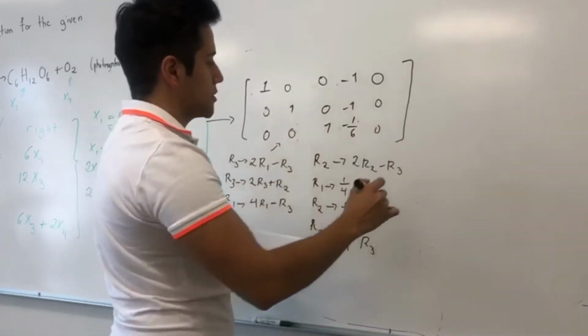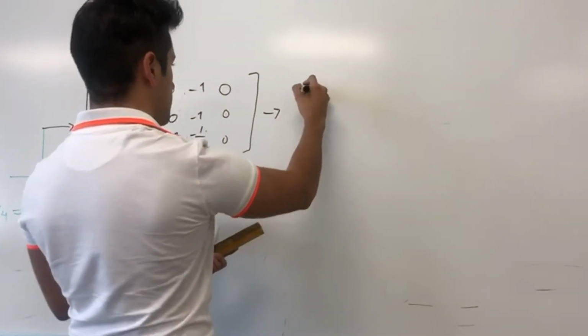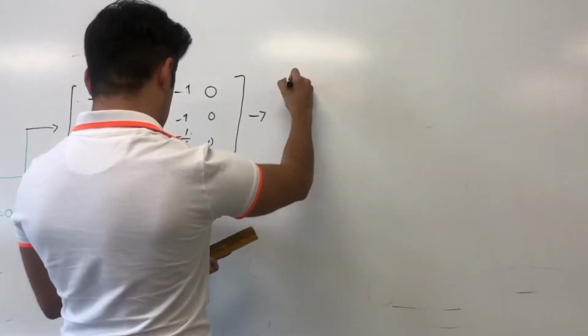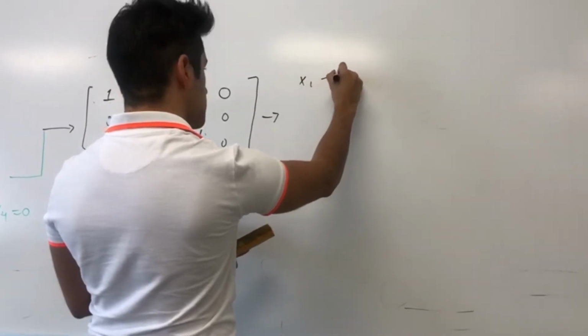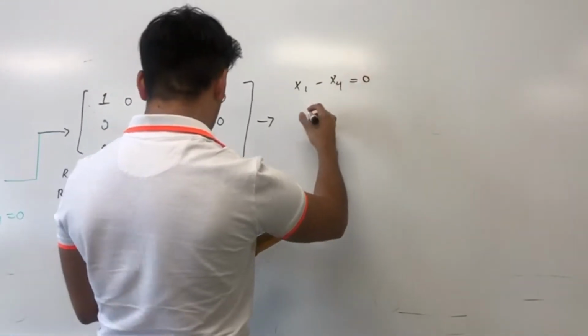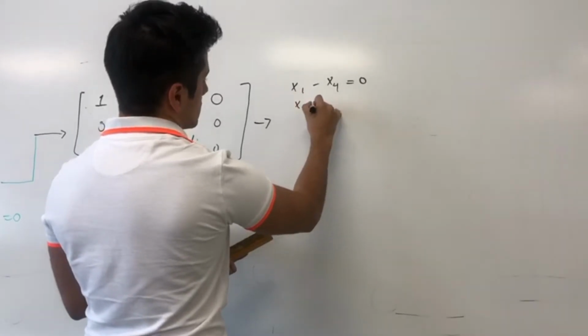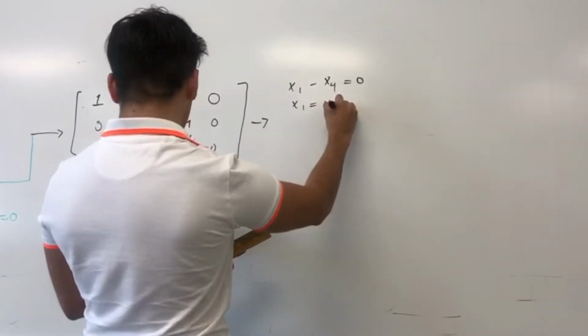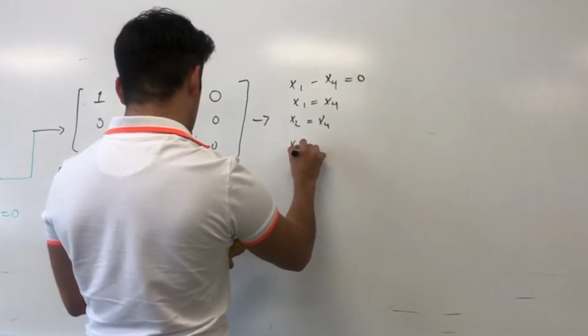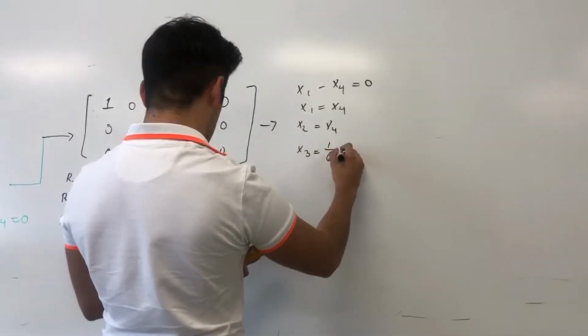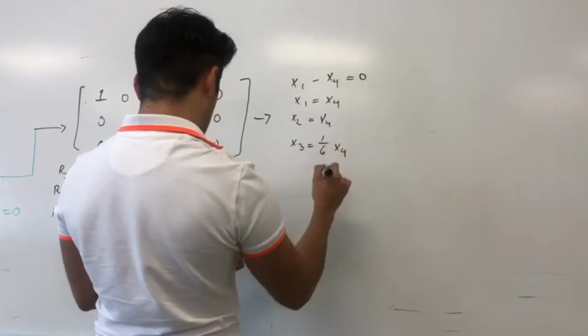Here we have our solution. It will be x1 minus x4 equals 0. So x1 equals x4, x2 equals x4, and x3 equals 1/6 times x4.